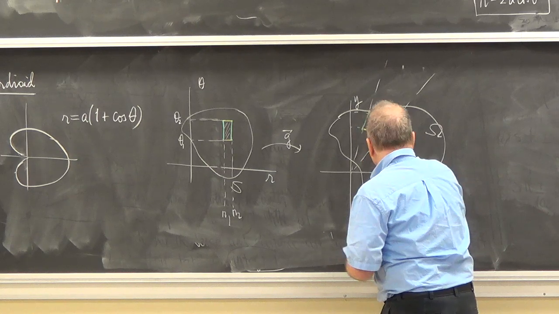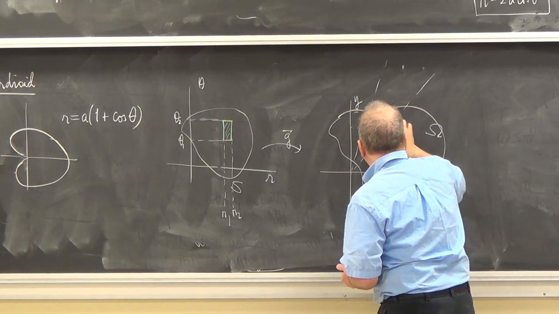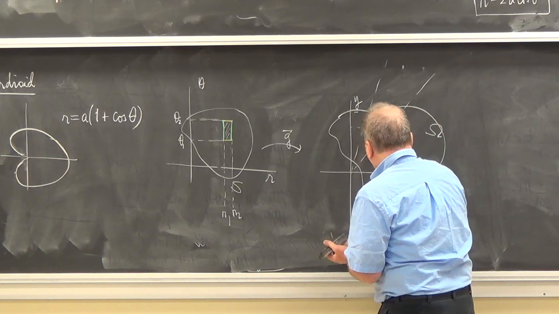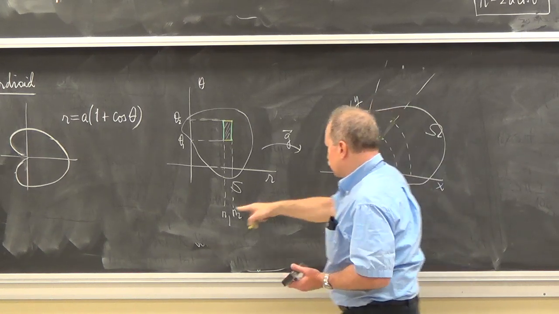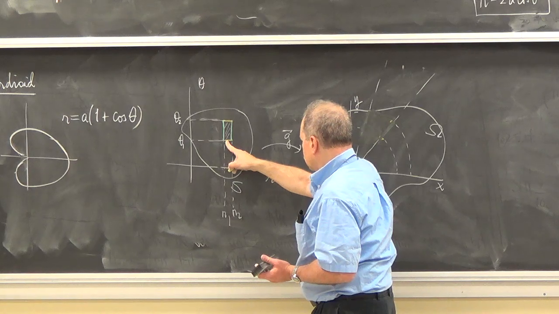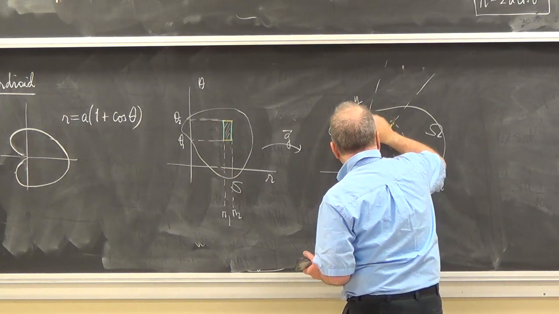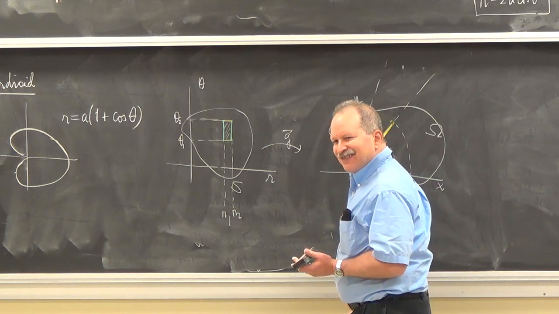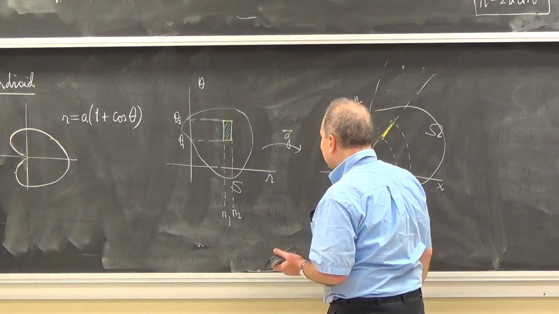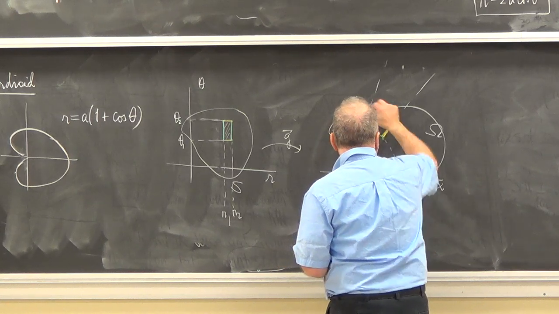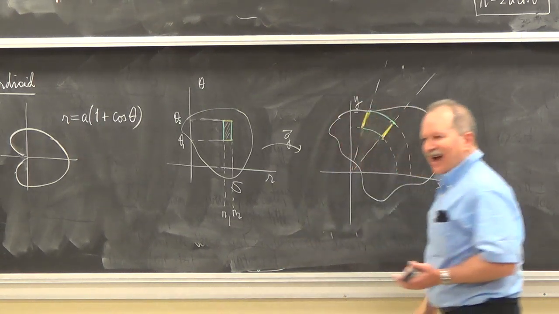Oops, it's backwards. Thanks, Cameron. So yellow is varying r. Did I do it right? Yeah. And green is varying theta. Wait, were you holding theta constant? I think I had it right.